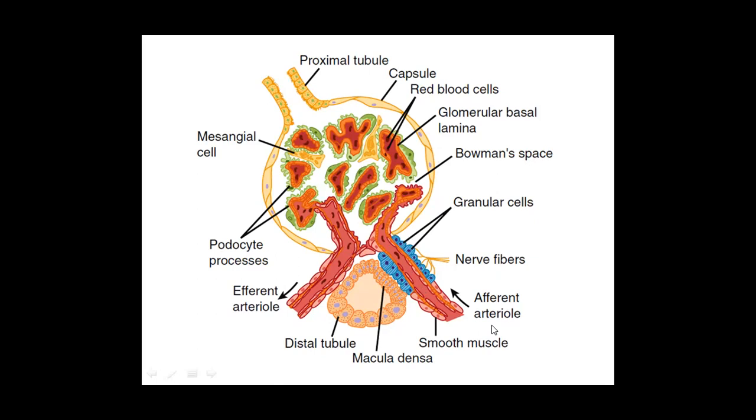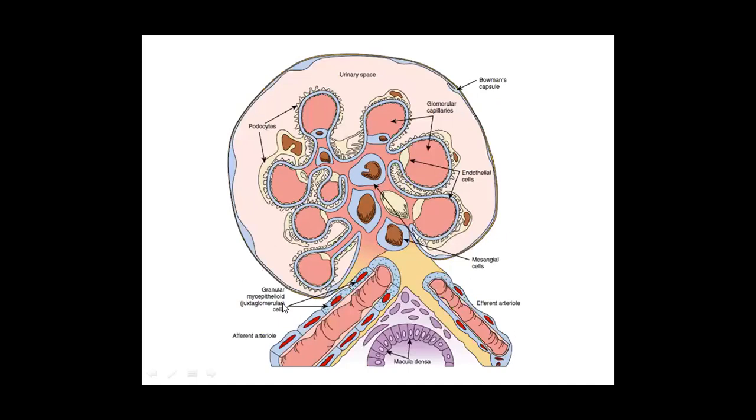If we imagine an equilateral triangle whose two limbs are the afferent and efferent arterioles, and the base is the distal tubule, this constitutes the JG apparatus. The base is formed by this distal tubule, that is the macula densa, etc.